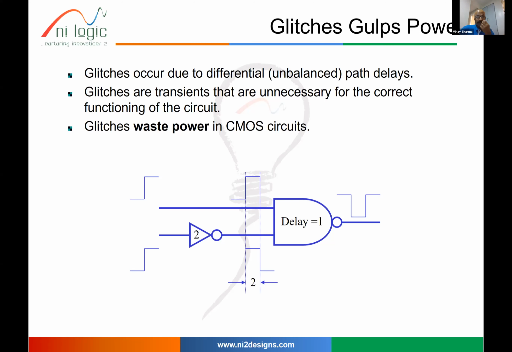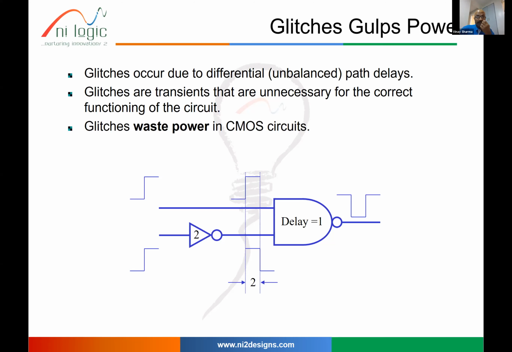You could easily maintain it. But these days the number of devices is so high, and so are the glitches. So if glitches are generated, although they are not harming your design or damaging your logical output, they are wasting power.